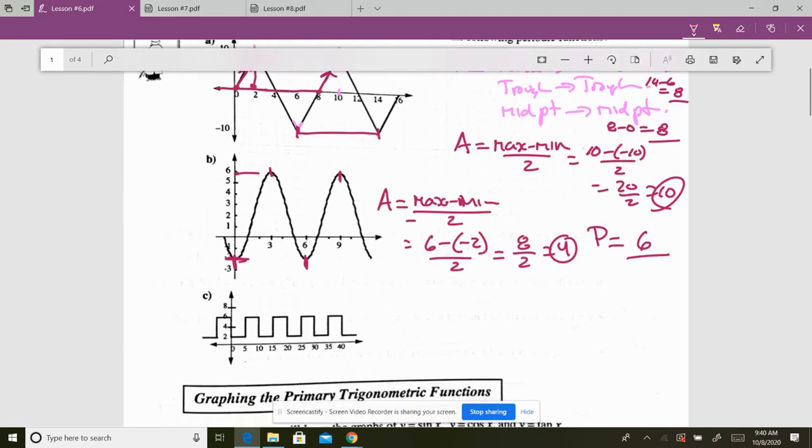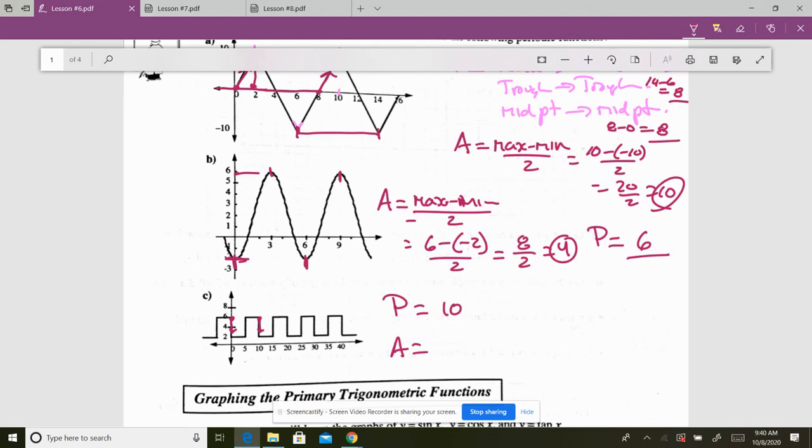What about this last one? Period, amplitude. What's the period? It's 10. If you go from this point where it's going down to this point, that's 10 units. Amplitude?